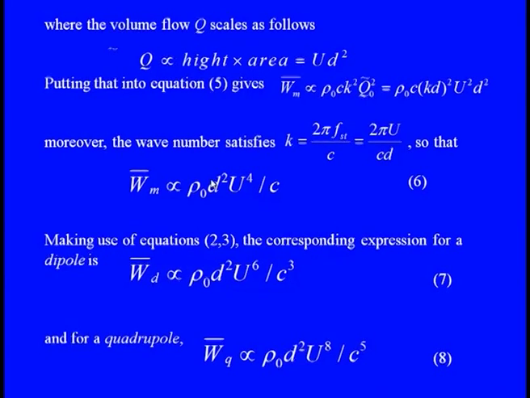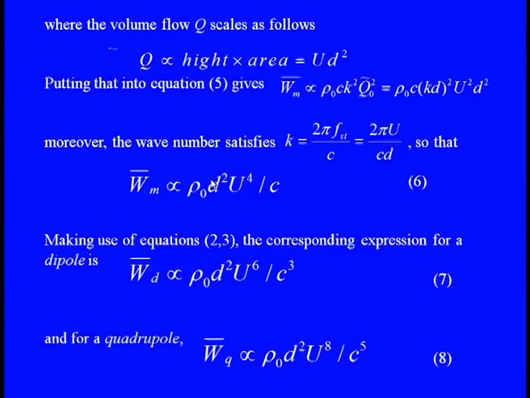So now this u6 by c cube reduces the intensity of these phenomena. And if we apply this concept to the quadrupole, then Wq is proportional to rho 0 d square u to the power 8 divided by c5.